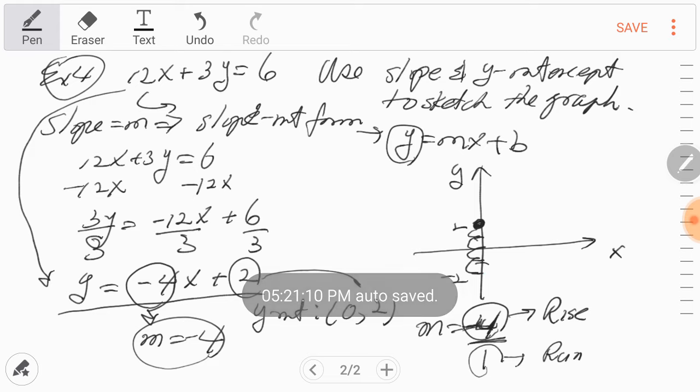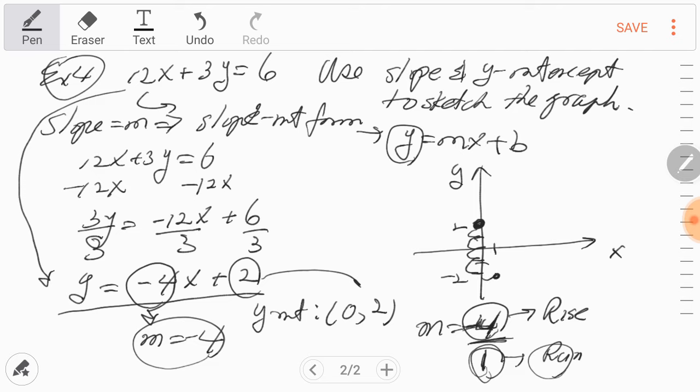The denominator is 1, so move 1 unit to the right. Then connect these 2 points, and this is the graph of the linear equation. I didn't graph clearly, so like this. What's the slope? Negative 4. So we have 2 points: one is the y-intercept, and the other is 4 units down and 1 unit right.